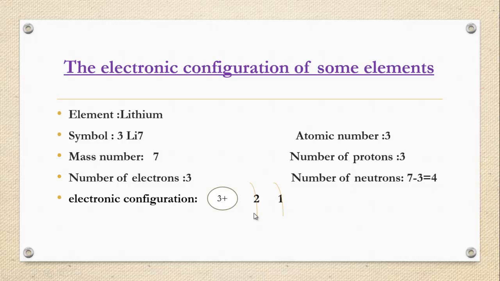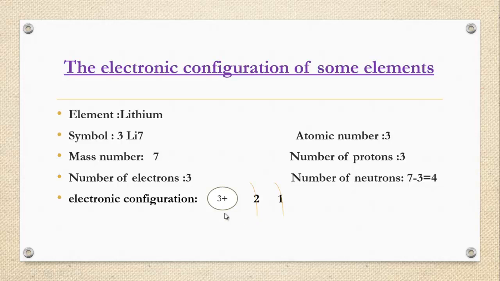What about the electrons? The K level is saturated with 2 electrons, but we have 3 electrons. Okay, how to configure it? The K level is saturated with 2. 3 minus 2 equals 1. So the rest of the electrons, you can put in the L level.